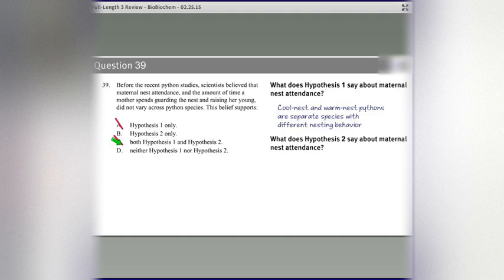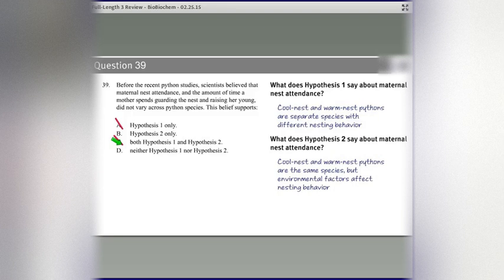Okay, so if we take a look at it, hypothesis 2 is saying, you know what, let's not put them in different species. Hypothesis 2 says they're the same type of snake. They just do different things based upon what the different environment is going to be. So if hypothesis 2 is saying they're the same species, they just do different things, does that go with the belief that it doesn't vary across python species?